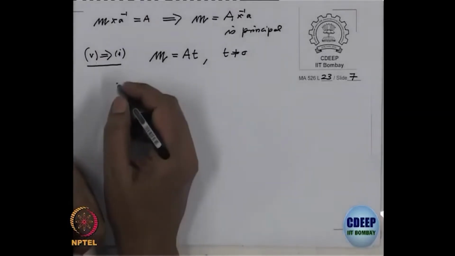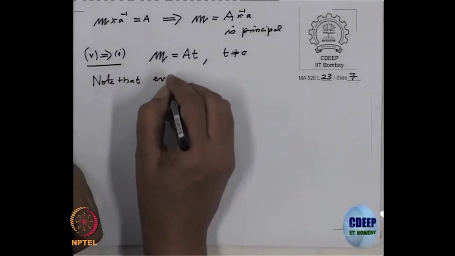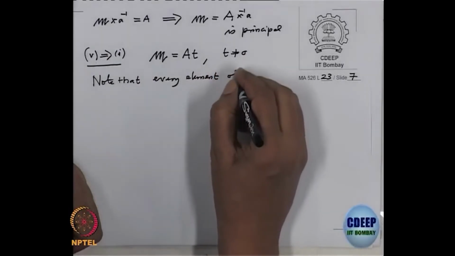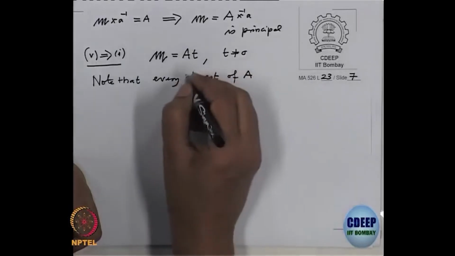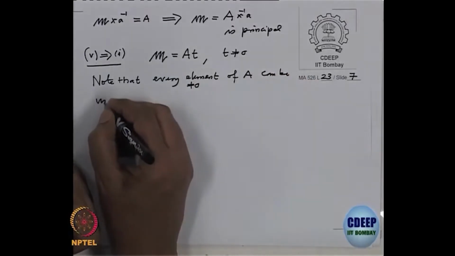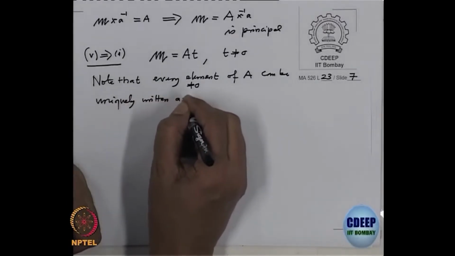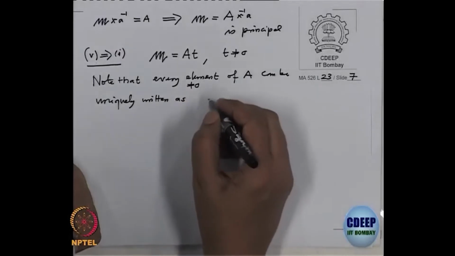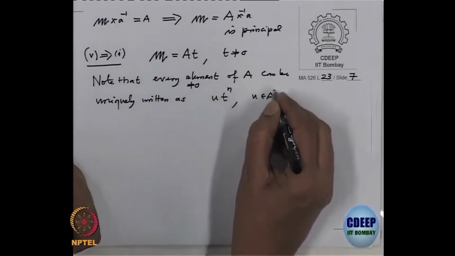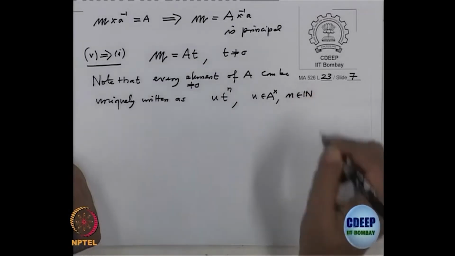So, from here first note that every non-zero element of A can be uniquely written as u t power n, where u is a unit in A and n is some natural number, unique.